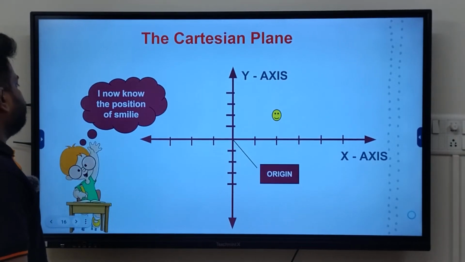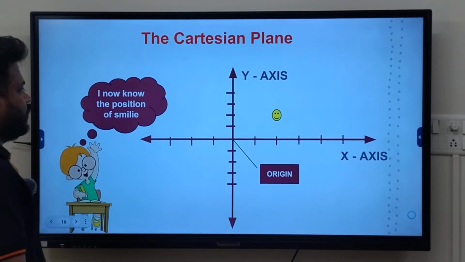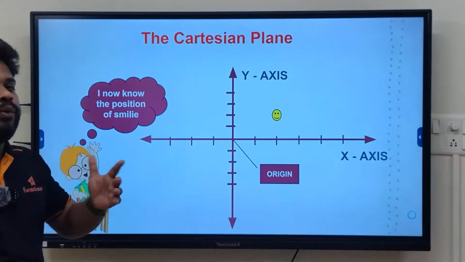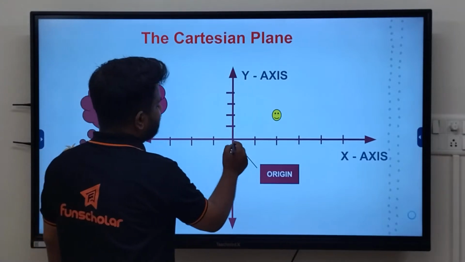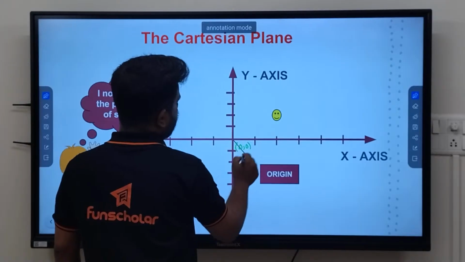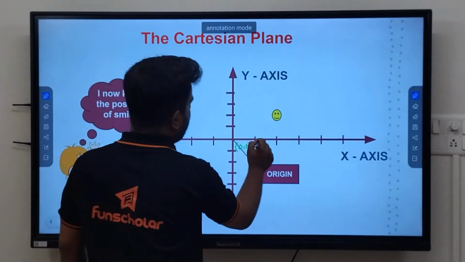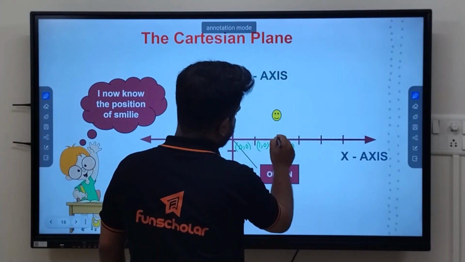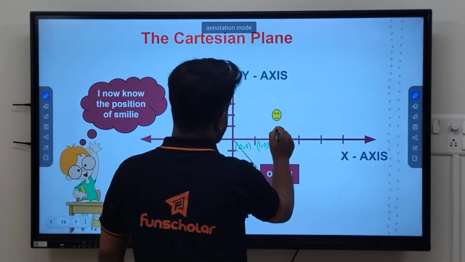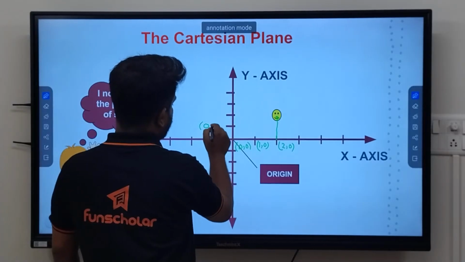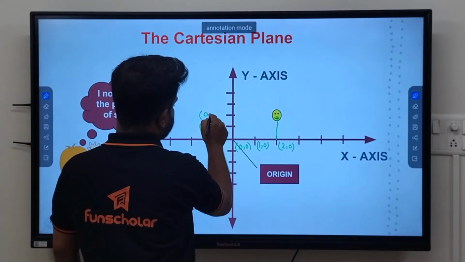Okay, the Cartesian plane. I now know the position of the smiley. So we have to find this smiley's position. Now tell me, how can we find it? If this one is the origin, the coordinate of the origin will be 0, 0. This one will be 1, 0, and this one will be 2, 0. From this point we have to go up here, and this one is 0, 1, and this one is 0, 2.